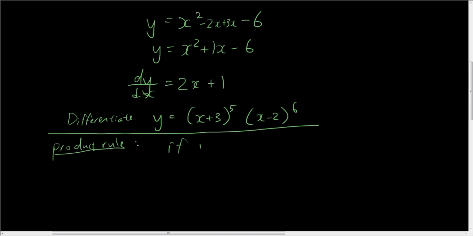if y equals f times g, right, so f is a function and g is a function, then y dash is equal to f times g dash plus g times f dash.